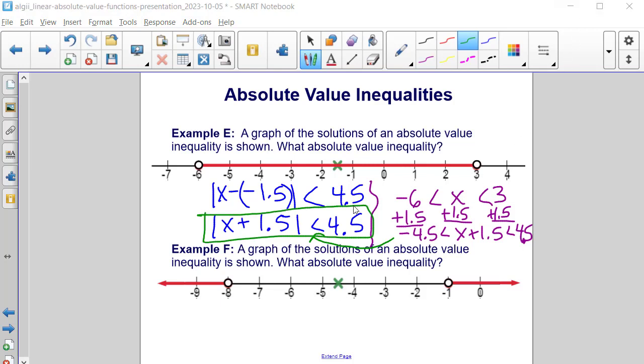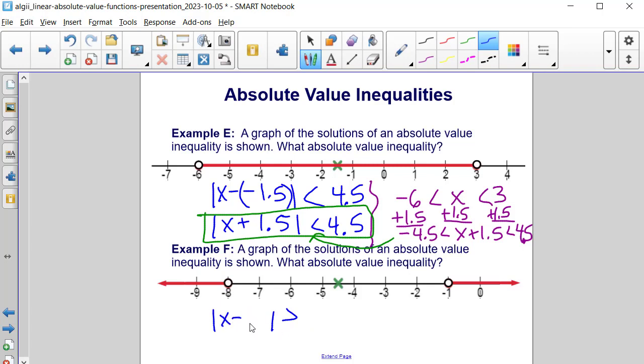Now let's look at the next problem. If we first approach it visually, just by observing the graph, we can see that this is an or, which means that the absolute value must be greater than, and now these are open circles, so there is no equal to.